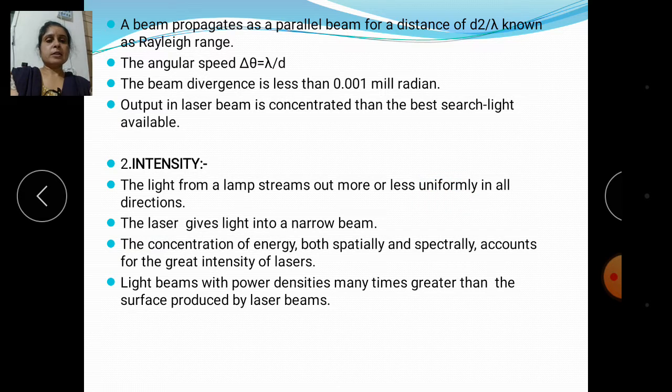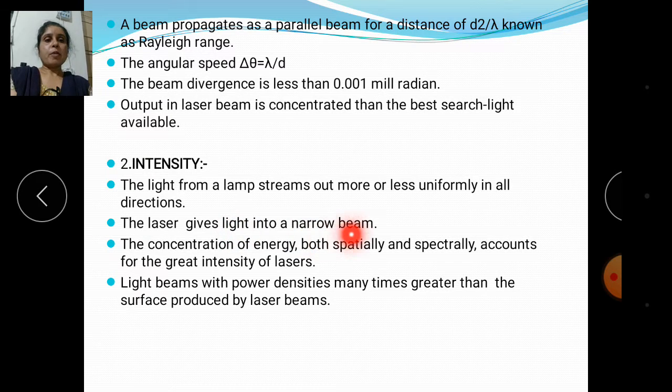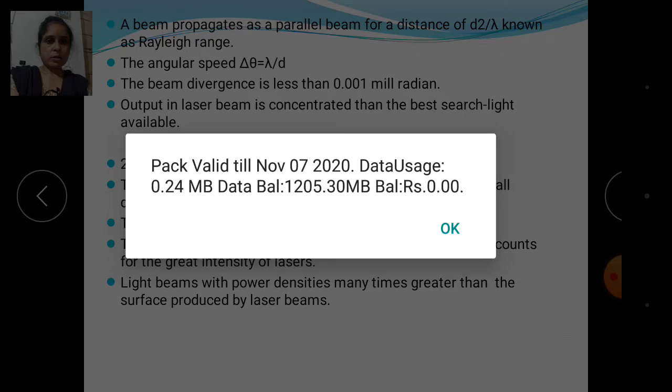A laser gives light in the form of a narrow beam, whereas a lamp emits in all directions.